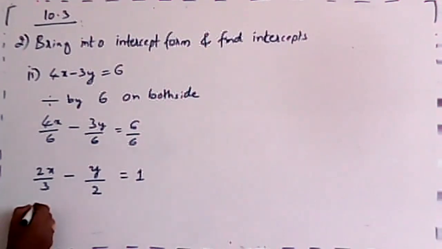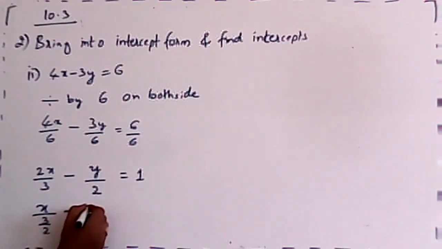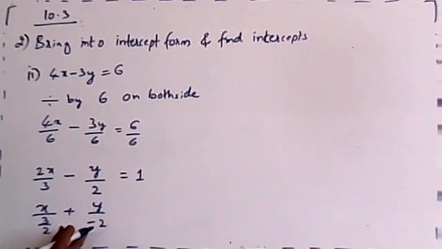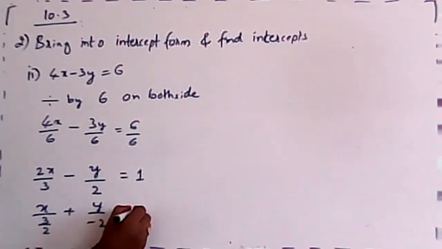So I will rewrite it. x divided by 3 by 2, correct? Plus y divided by minus 2. So now it is x by a plus y by b is equal to 1, correct?